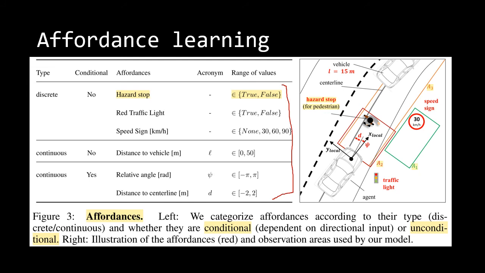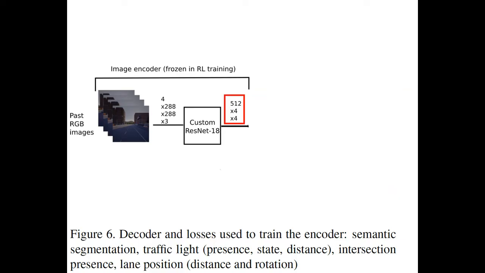There is another kind, this time continuous: distance to the vehicle, so the relative gap you have, distance or relative angle, and so on. So affordances are this kind of information, and learning is the process, as I understood, to extract them from an image, for instance.